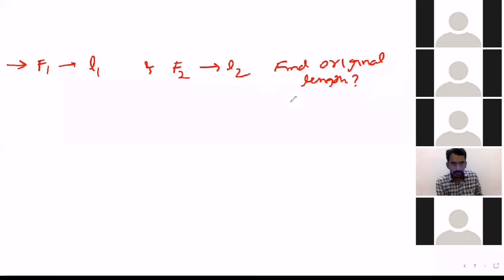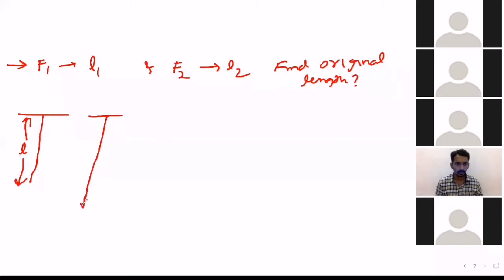Okay, let me solve this question. Sometimes a bit difficult questions they will give like this. I'll explain slowly, try to understand. With this, we will end the class. There is a wire and the length of the wire is L. First, you applied force F1.